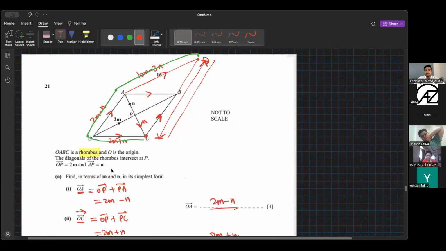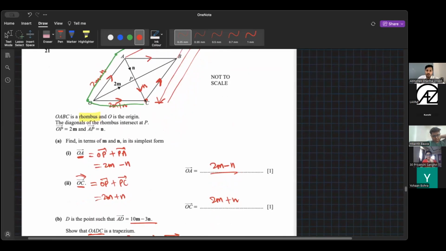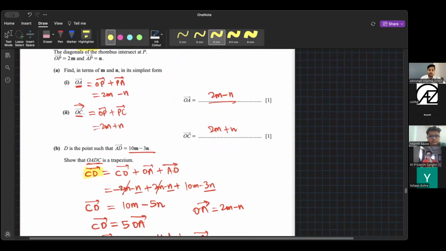And that is why when we were going from C to O, it was exactly in the opposite direction of OC, right? And that's the reason we took CO as negative of OC.